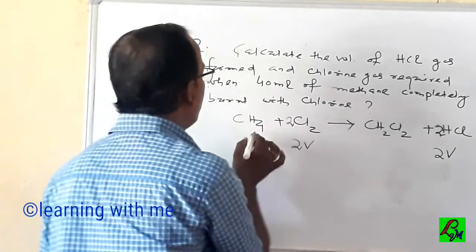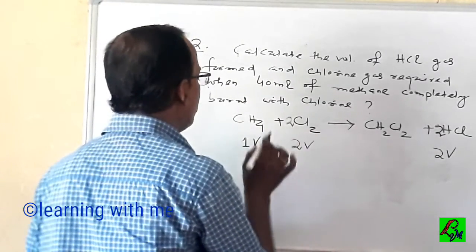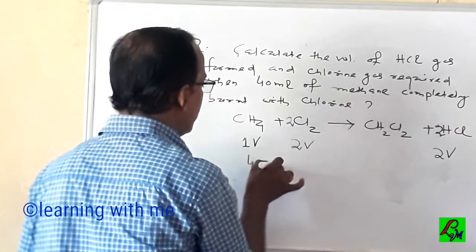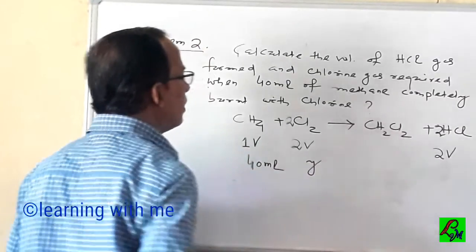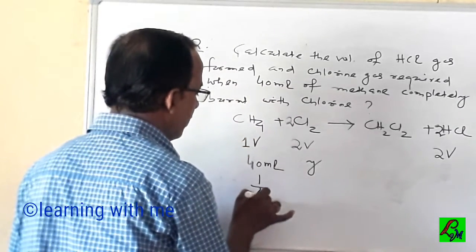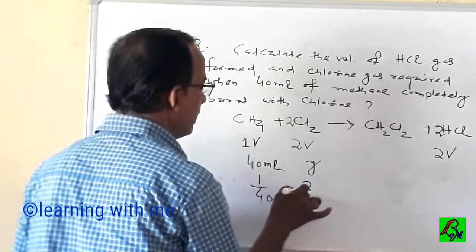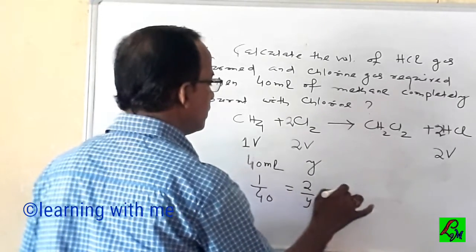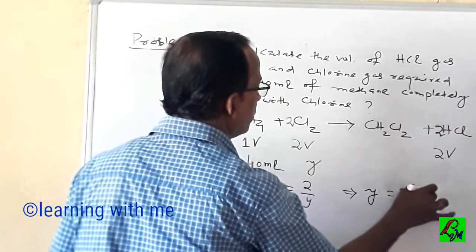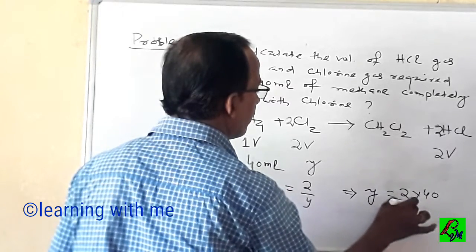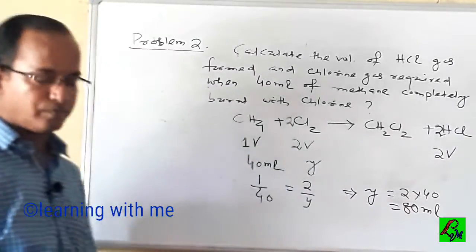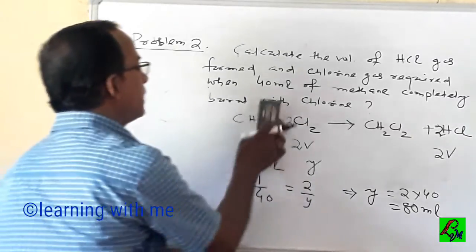Similarly, 1 volume of methane reacts with 2 volume, but here the volume of methane is 40 ml. Let it require Y ml of chlorine. Similarly, by ratio and proportion, 1 by 40 equal to 2 by Y, so Y equals 2 into 40 equals 80 ml. This is another example.